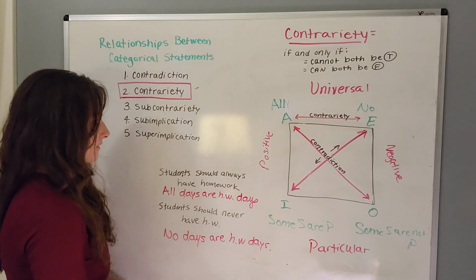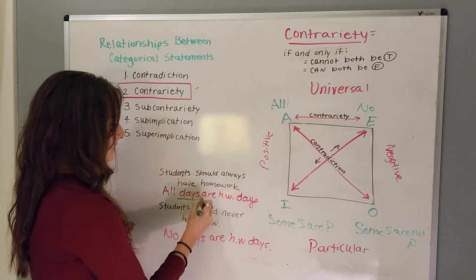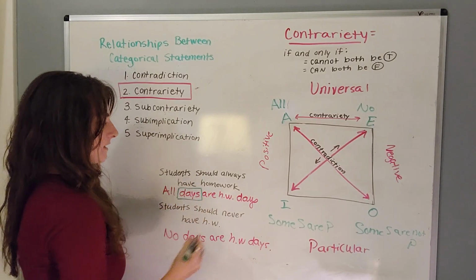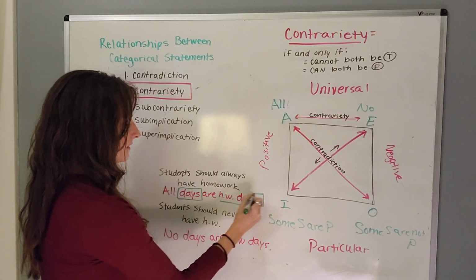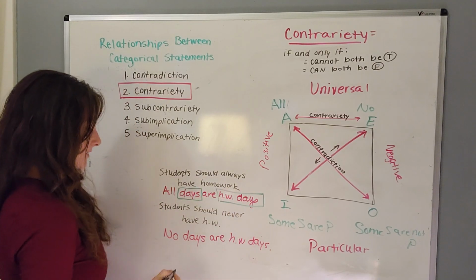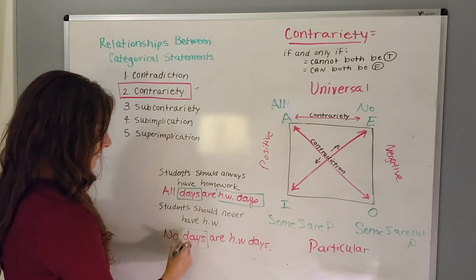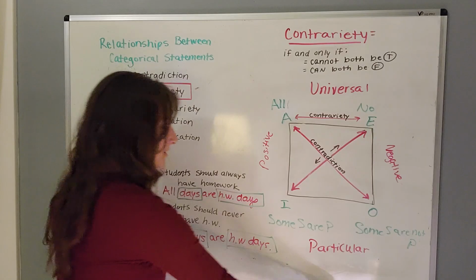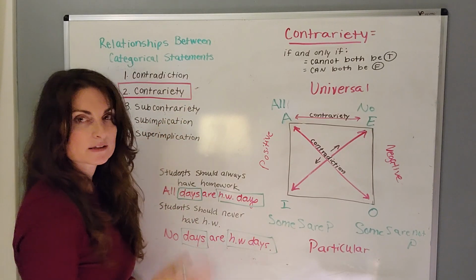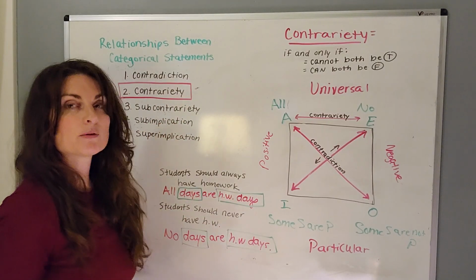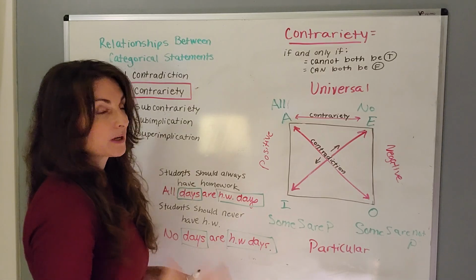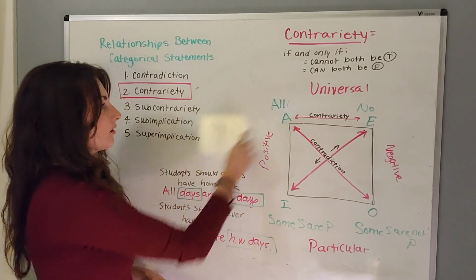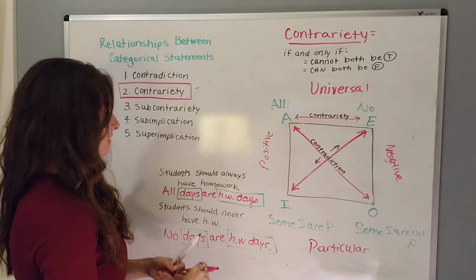Let me show you our subject. So our subject class is days. Our predicate class is homework days. Days, homework days. So we have our subject class and we have our predicate class, and they match in both sentences. So now we can compare them because they match. So this one is an A statement.